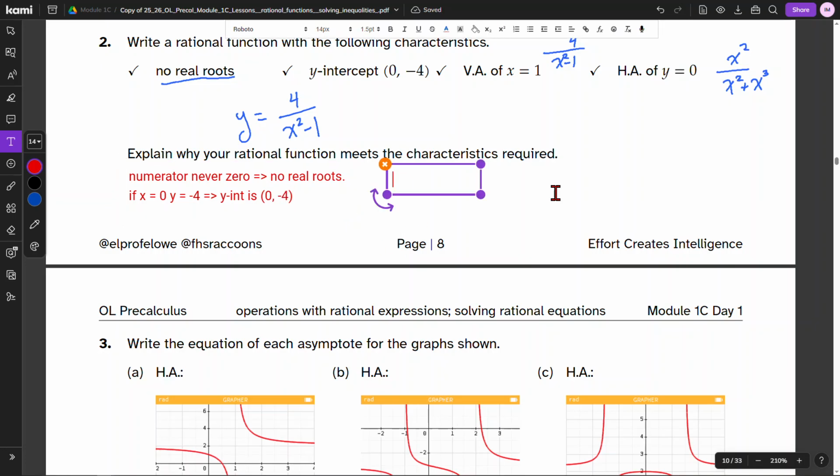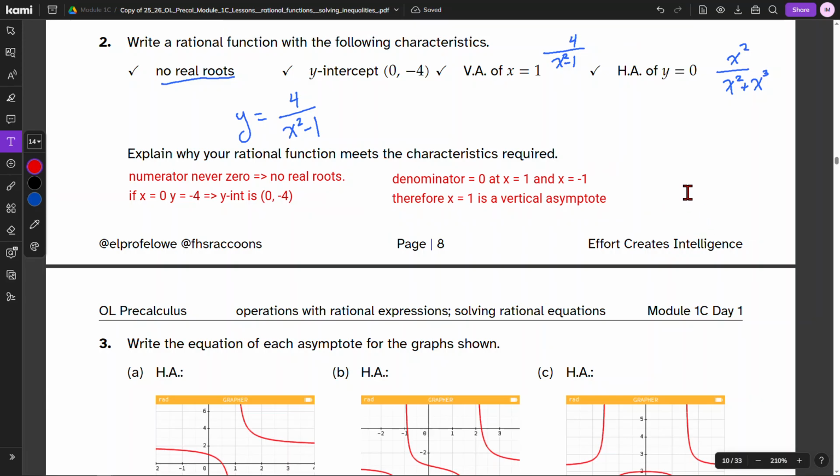Additionally, we know that the denominator is equal to 0 at x equals 1 and x equals -1, right? So therefore, x equals 1 is a vertical asymptote.